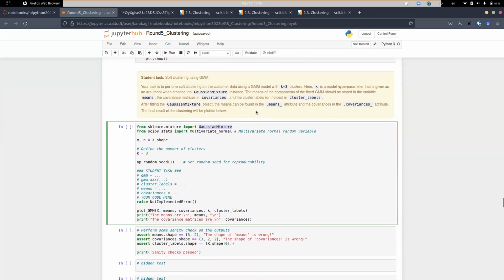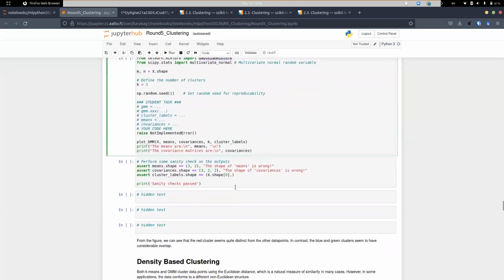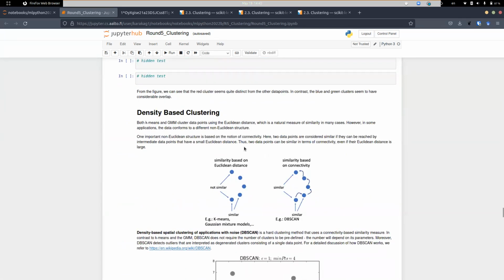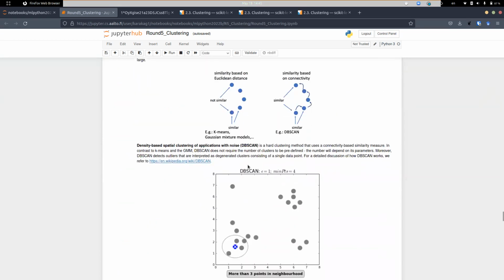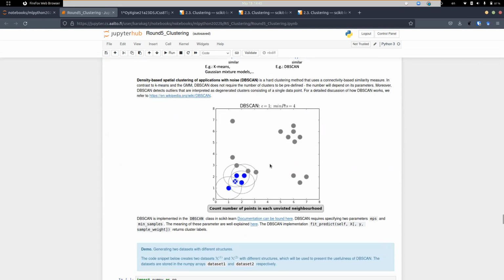Again, it has many parameters that you can use. Not so many attributes that you can use after you have fit the model, but the method you use to do the training to find the clusters is the same, so you still use the fit method. Right, and then we have pretty much the same stuff as I mentioned. This is a nice visualization of DBSCAN.